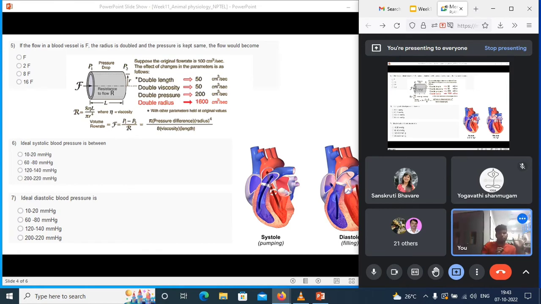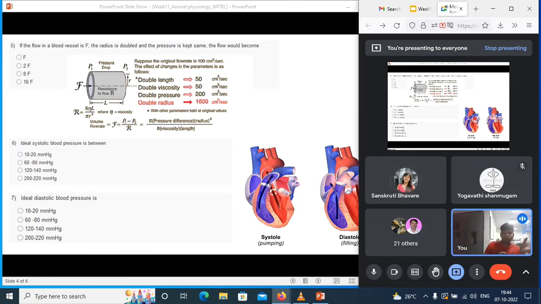Okay, right? And the pressure difference is there, right? And in the question it is mentioned that the pressure is constant, so that factor is not going to affect. Now, what other factor can affect? We have viscosity, that is also constant in our question. Length is also constant, because the blood vessel's length is not going to change. Pi is a constant.